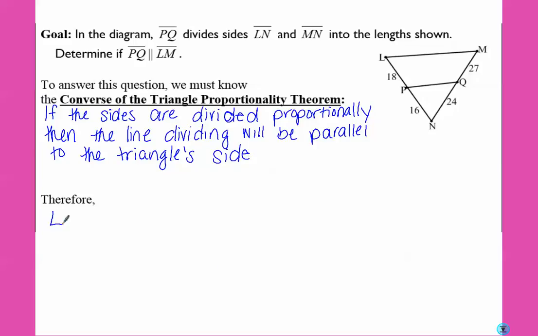So if LP over PN equals MQ over QN, then we know that PQ and LM are parallel.